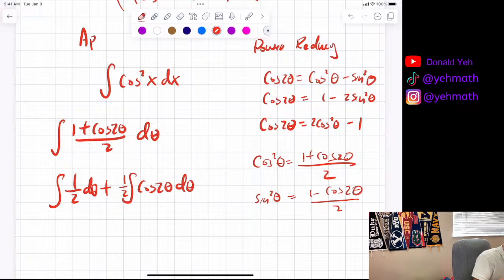Now this one is going to be what? Half. Well, if we use theta, it's going to be theta, but if we use x, it's going to be x. So here we use theta, we just stay with theta. I accidentally wrote it wrong. Sorry. But that's okay, we just stay with theta. Plus. Now, Veda, I'm going to put you on the spot. What's the integration of cosine 2 theta without u substitution? Think.